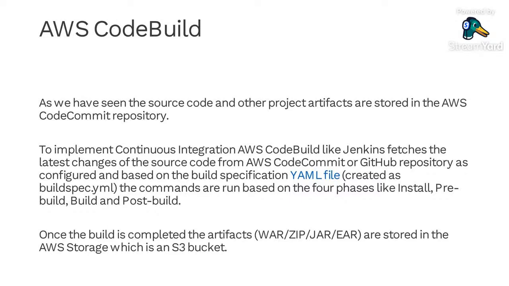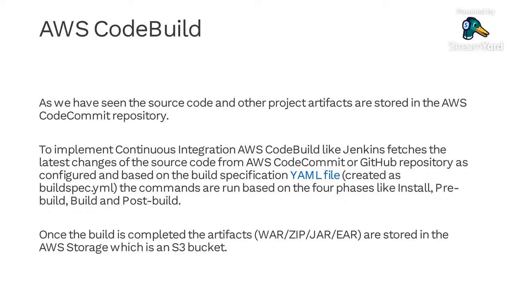It will require your source code detail, where it belongs. Once it fetches it, it will keep it locally until the build. And then if you want to configure it for testing purposes, you can also use SonarQube to test your code. Once the build is successful, you can configure what action should be performed.